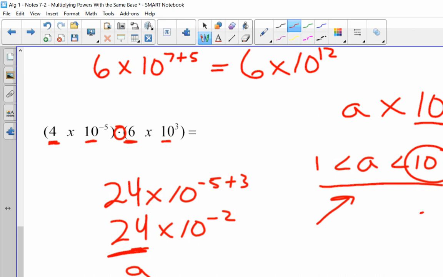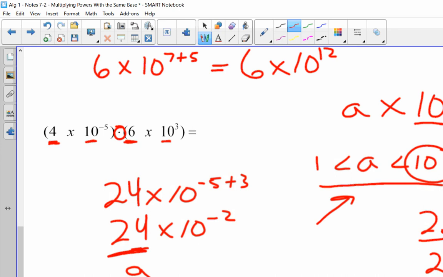Remember, any number can be written like this with a decimal point. We're not going to do that all the time, okay? But if it's bigger than 10, I have to move this decimal point so that this number A is less than 10. So if I move it one place to the left, I'm going to get 2.4, and that number is less than 10.